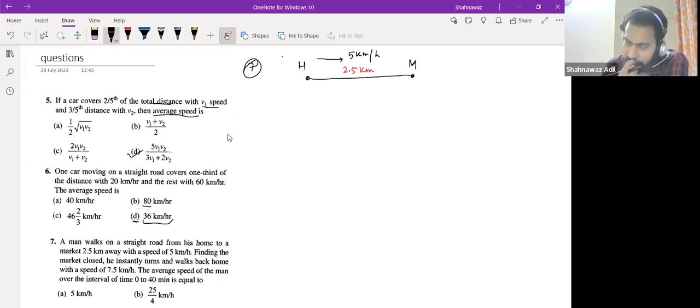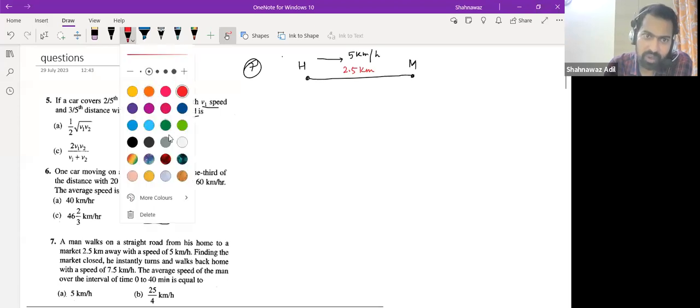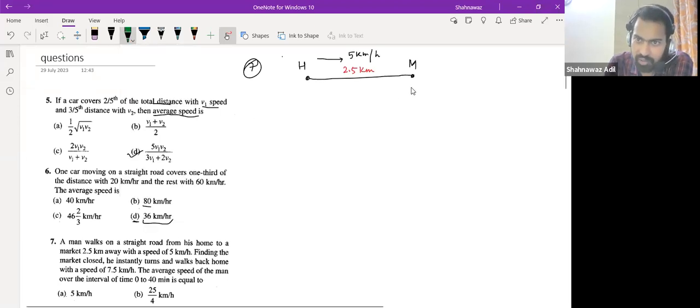So this is from home to market. Now finding the market closed, he instantly turns and walks back home with a speed of 7.5 kilometers per hour. So he finds out the market is closed, and then he turns back with a speed of 7.5 kilometers per hour.